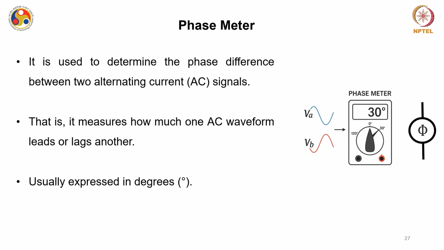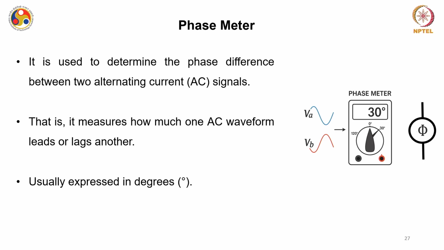Then we have phase meters. These phase meters are used to determine the phase difference between two AC signals. It means that it measures how much one AC waveform leads or lags behind the other AC waveform. Usually this lag is expressed in degrees.